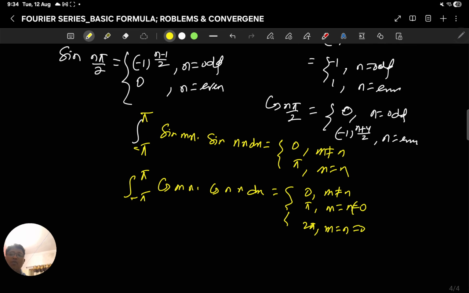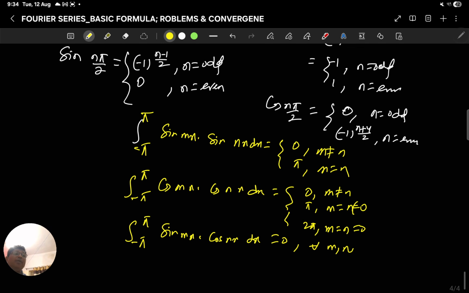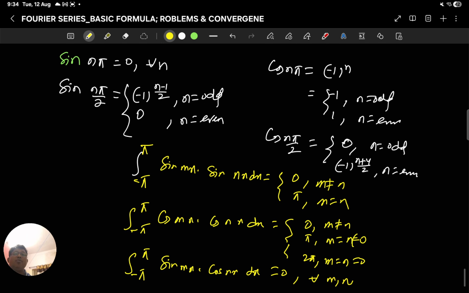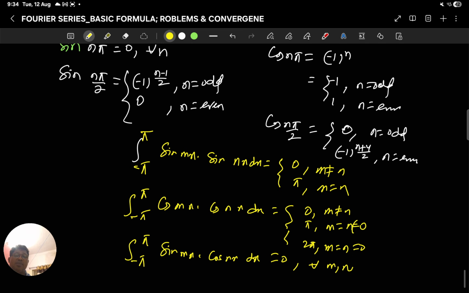And the integral from minus pi to pi of sin mx into cos nx dx is equal to 0 for all m and n. And similarly we have the integral formulas, e.g. integration by parts. These things we have to review, then only these problems are simple.